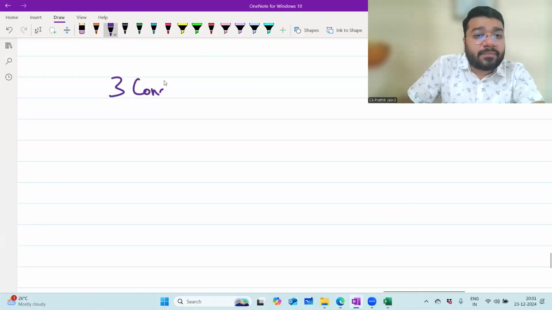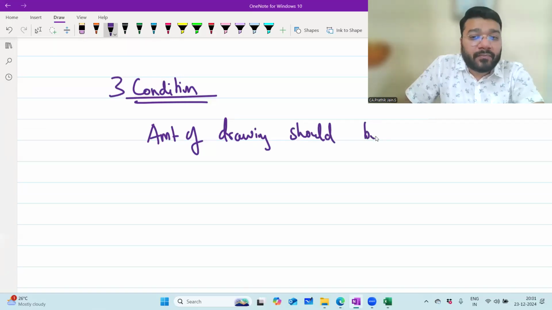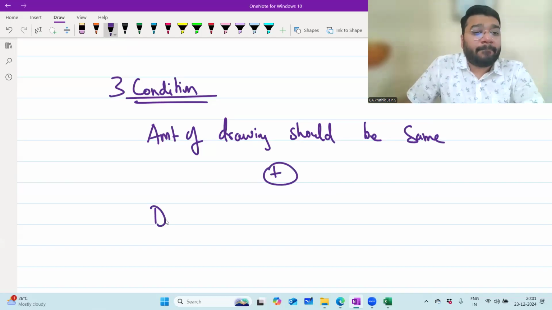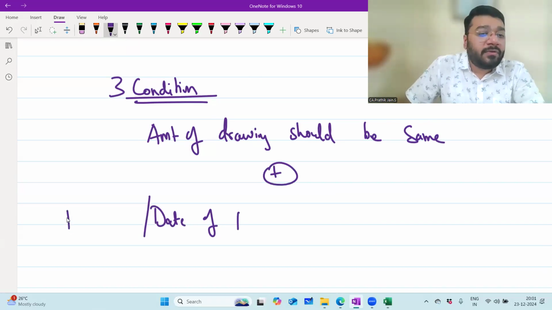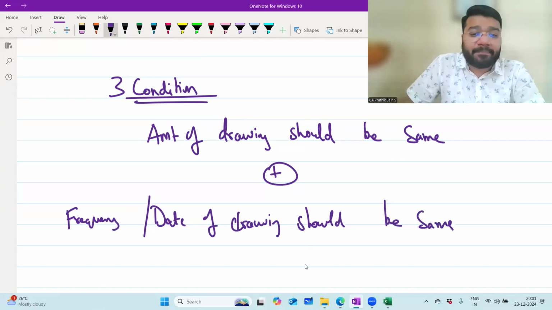What are the 3 conditions? Amount of drawing or withdrawal should be same. Plus date or frequency of drawing should be same.